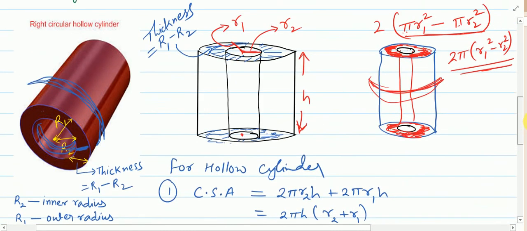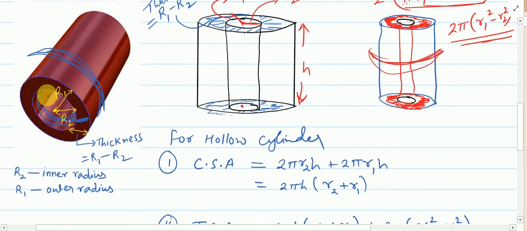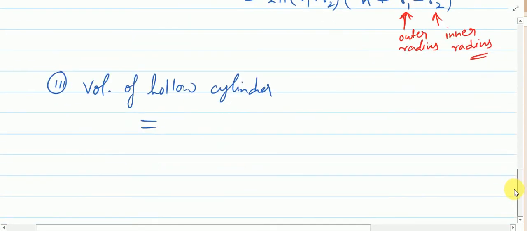Like here you can see that hollow is here, so that means this area does not have any material. So in order to find the volume, we have to find only this volume, as you can see over here. So in order to find that volume, formula will be this.